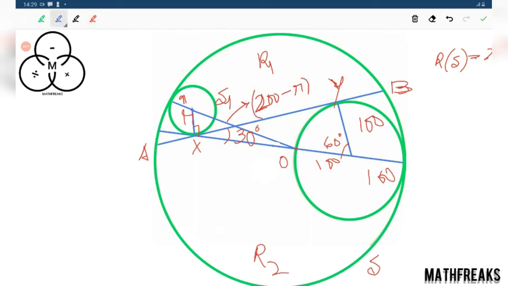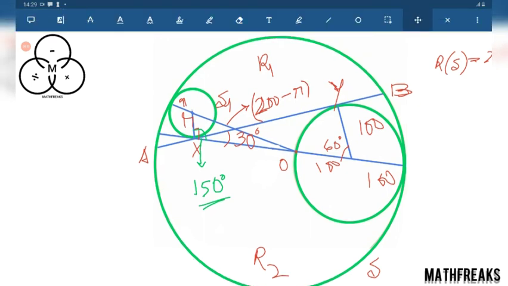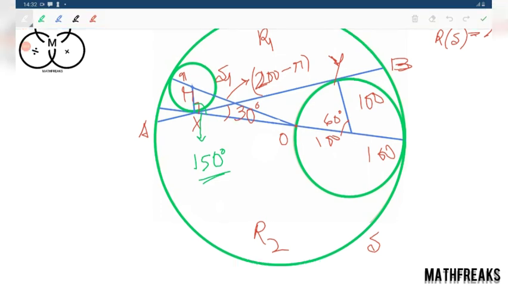This angle is what? 150 degrees. Now we need to find the value of OX. And if you can find out the value of OX, the entire calculation is sorted out here. Now finding OX is very easy if we consider that this point is O dash. This is also a right angle triangle.